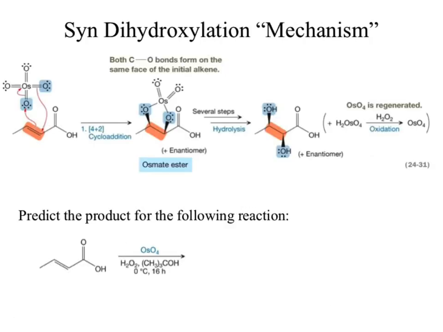Our syn dihydroxylation mechanism. So this is where we talked about the osmium forming that 5-membered ring. The pi bond comes out, reacts with one of the oxygens. We break the pi bond. We now have too many electrons. Pi bond comes out, forms our 5-membered ring, officially called an osmate ester.